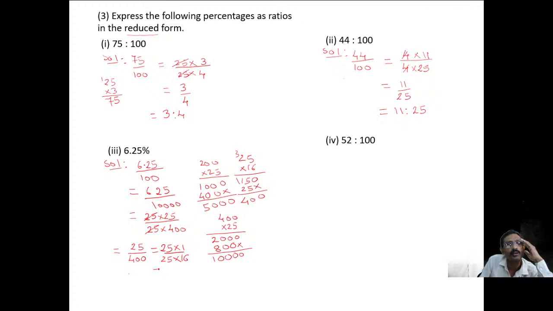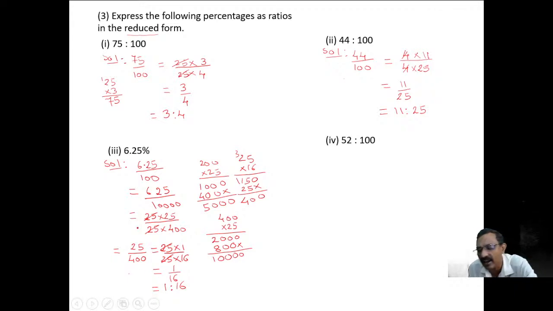Which is equal to, because we have just now calculated 25 into 16, so 25 ones are 25 ones are. What we get, children? 1 upon 16. So what will be the ratio here? 1 is to 16. Right?